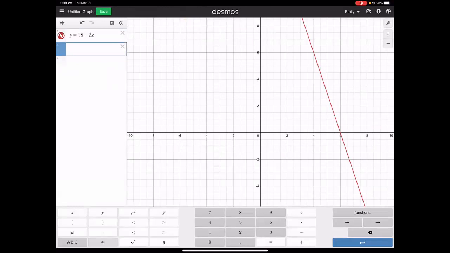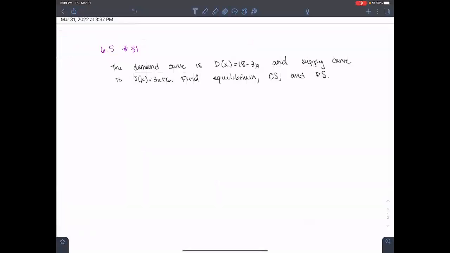Wait, I wrote that down wrong. Darn it. The demand curve is 125 minus 15x, and the supply curve is 50 plus 10x.